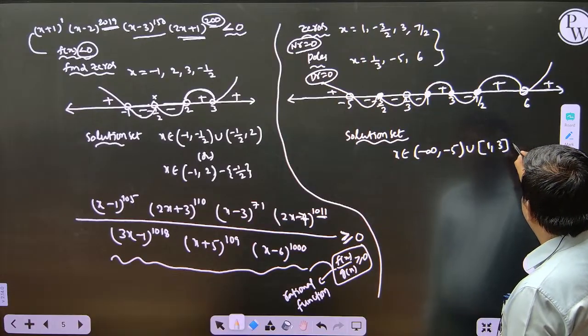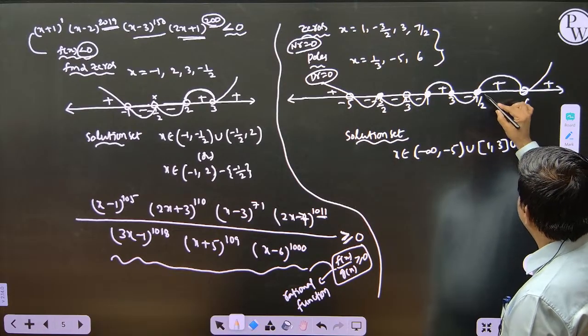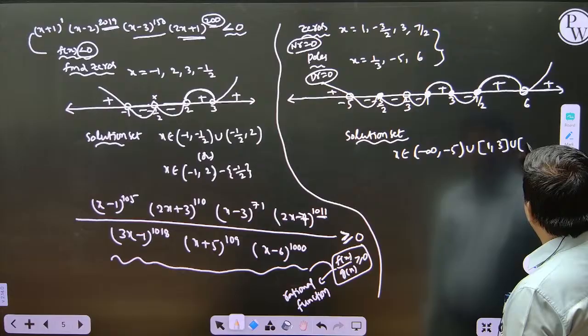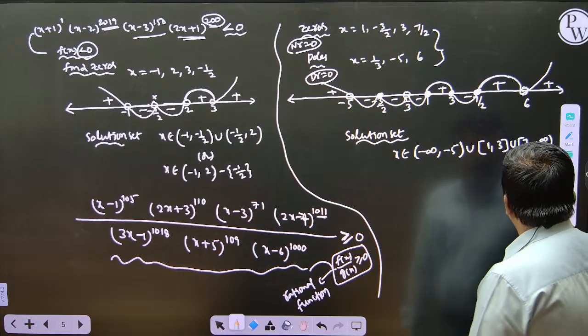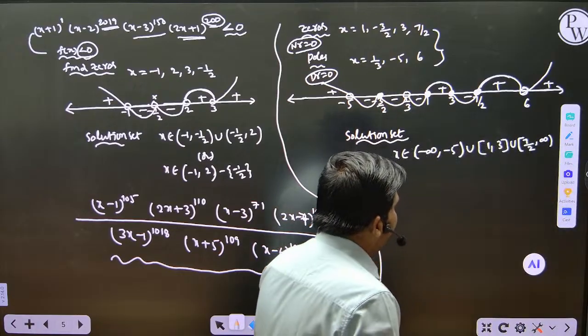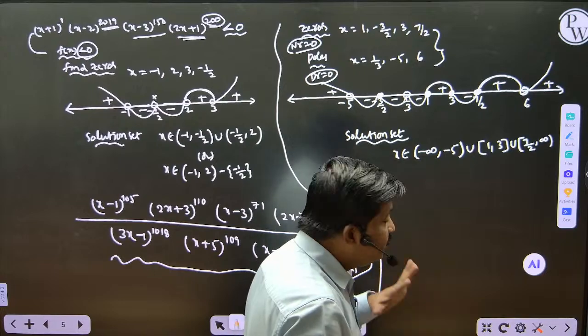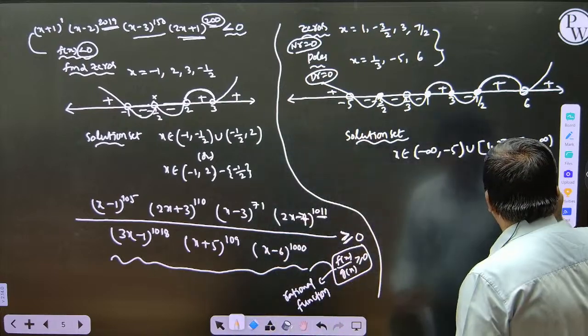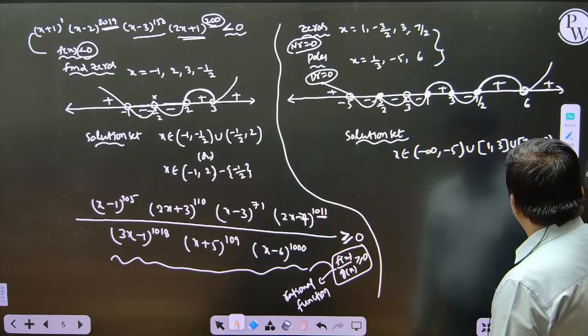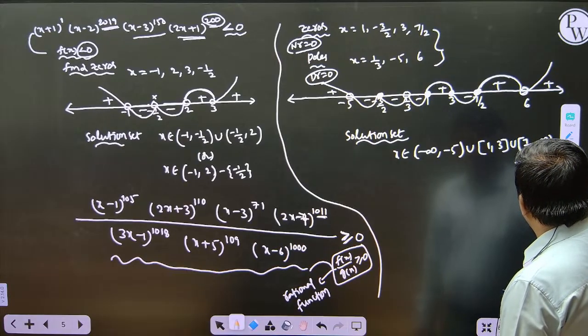Next, union 7 by 2 to infinity, including 7 by 2. But 6 is there, so subtract 6.